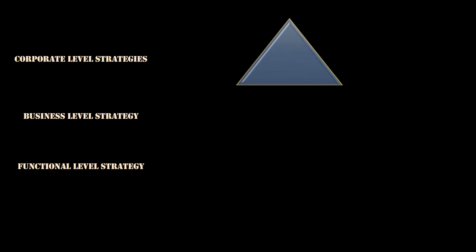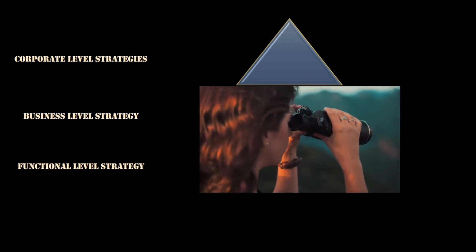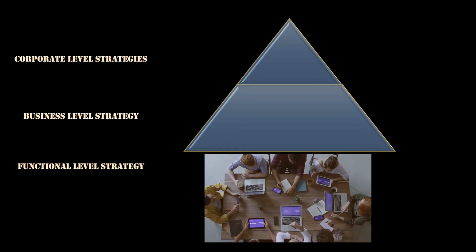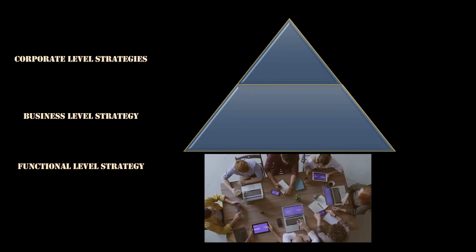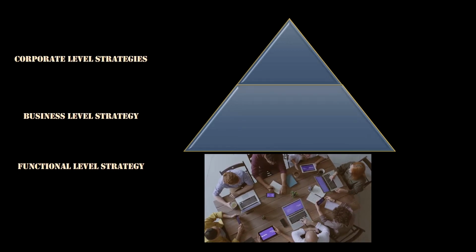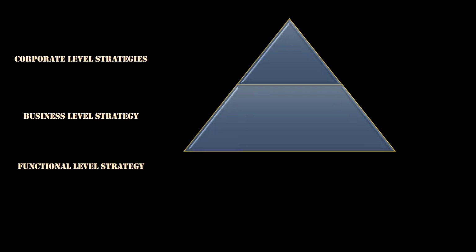But to summarize them for this video, I can say that the corporate level strategies are the strategies that the top level managers need to take to decide where the overall company is going to be heading. The business level will make sure how to do that by implementing their own separate strategies. They usually make sure that the business line or the product line follows the direction decided by the corporate level managers.